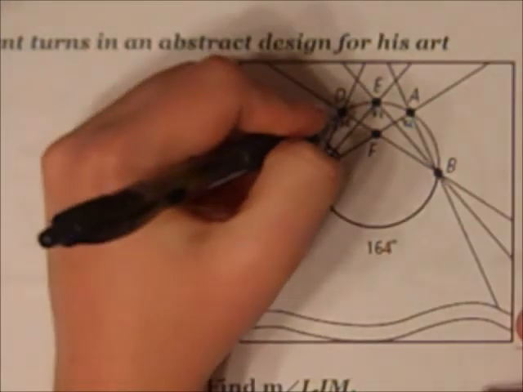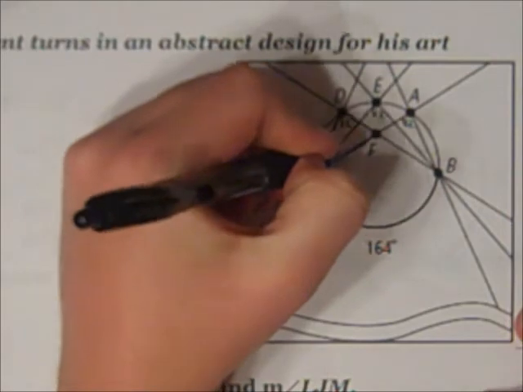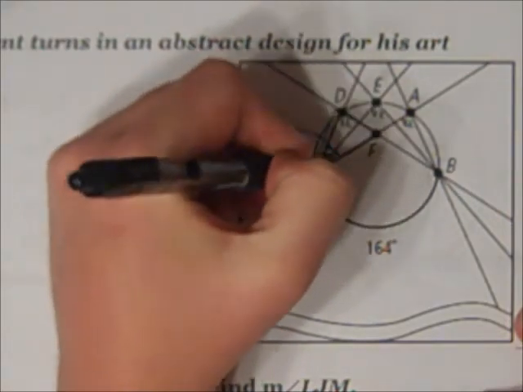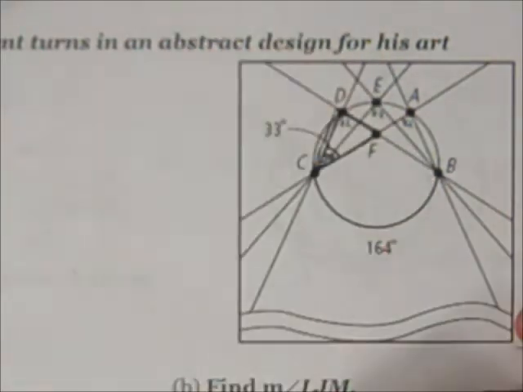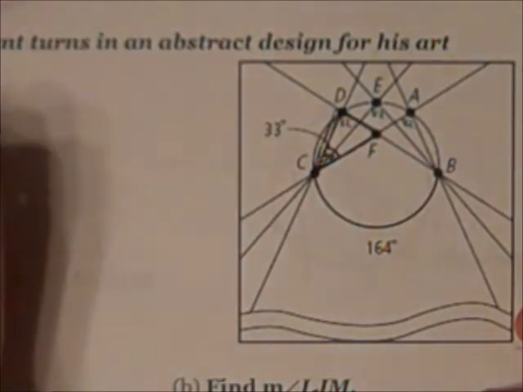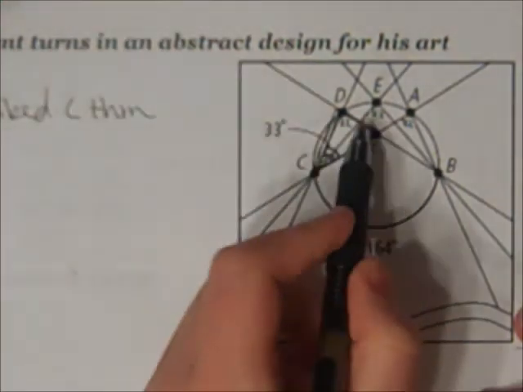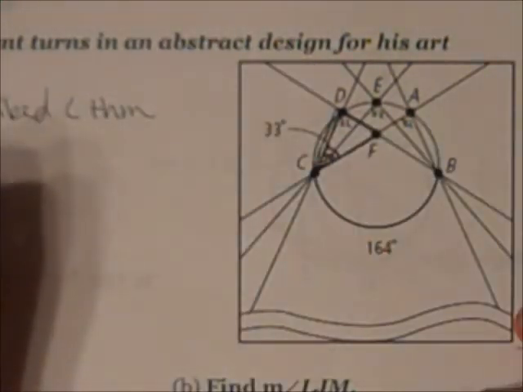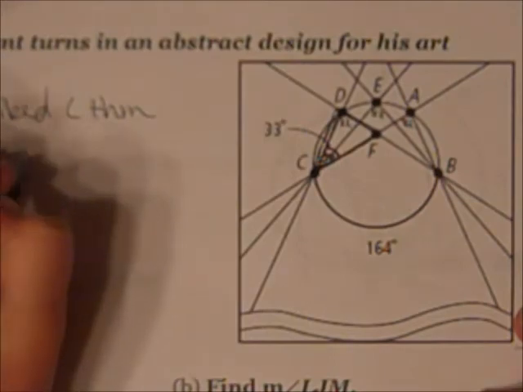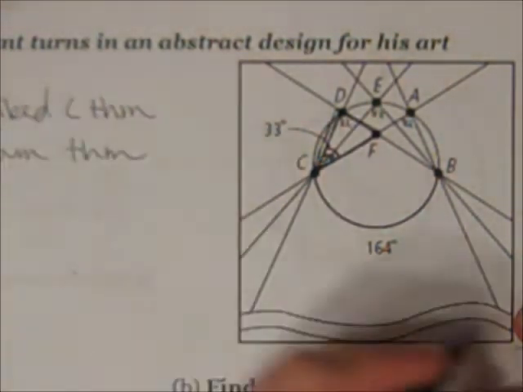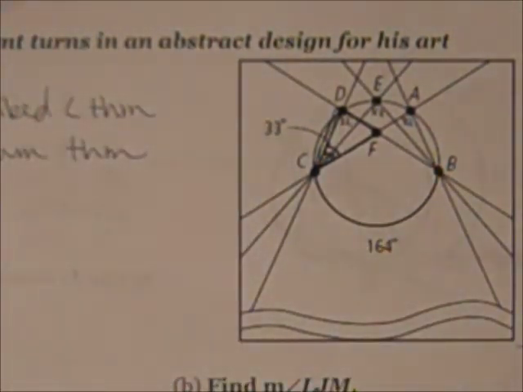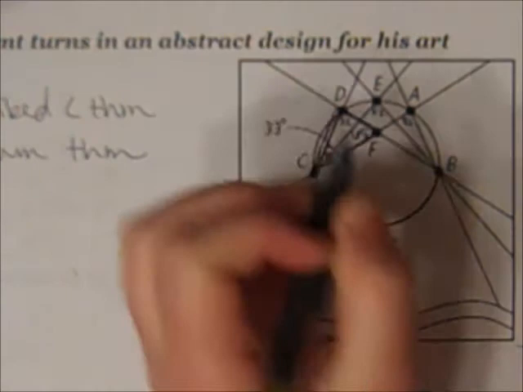So, what you need to focus on is right here. This triangle right here, we used the inscribed angle theorem to get that this angle was 82. Now we are going to use the triangle sum theorem to tell us that I've already used 33 and I've already used 82, so this angle right here has to be 65.